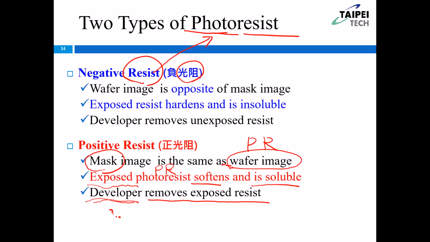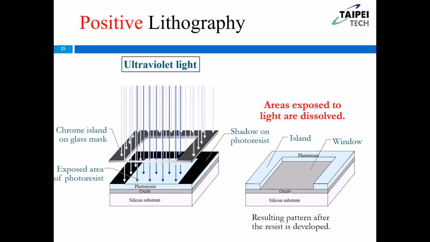So let me show you how this is the positive photoresist. Just as we mentioned, you see the PR is the light blue color. The PR pattern is the same as the mask pattern, right? Why? Because only the central PR, you see the central PR here, is the exposed area. Exposed area means exposure to the UV light.